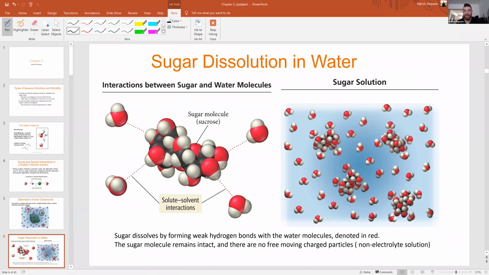If you look at the molecular level, what you see is that the water molecules will engulf each individual molecule of sugar. They will not break apart the sugar molecule into ionic components like was done with the salt.